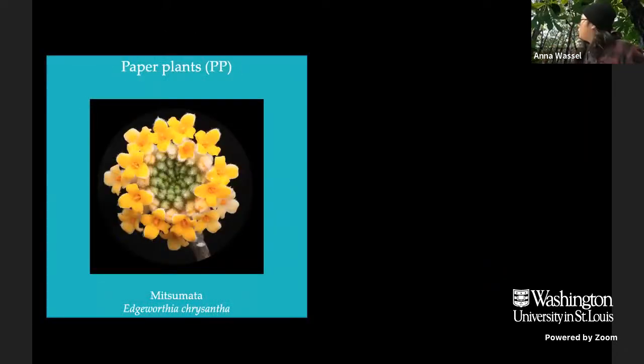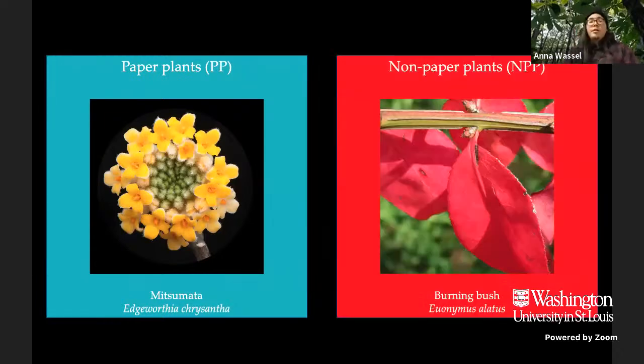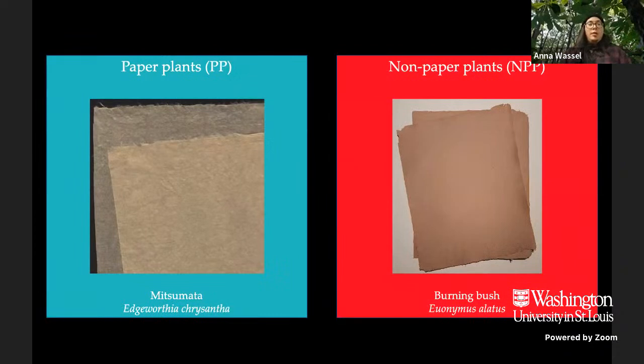What we can do is also set up a comparison. So we can look at fibers from plants with a tradition in hand paper making. So these I'm going to call paper plants. And then you can also look at plants with no evidence of this kind of tradition. So something like burning bush, for example, right? And just to emphasize that all of these fibers are in theory or in practice useful, right?